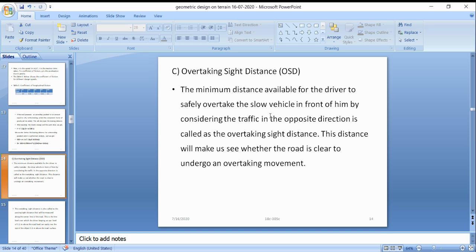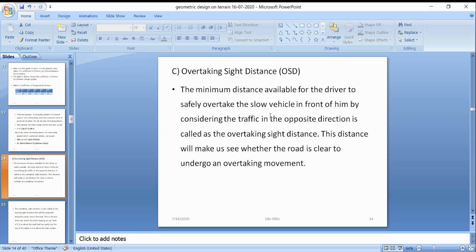If we are going to overtake, we have to have visibility of whether the road is clear to overtake or not. That much distance we already saw in the geometric design of carriageway width.